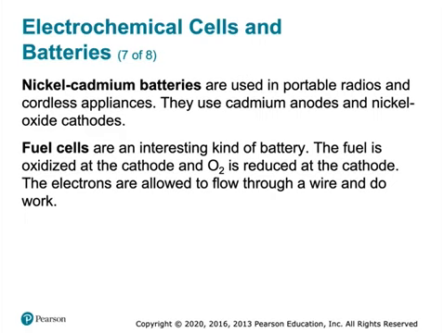NASA uses fuel cells. They used them in the Apollo space program and in the space shuttle. Besides a battery, the primary energy source was a fuel cell, and it doubled up because it was a hydrogen fuel cell that generated water for the astronauts to drink.